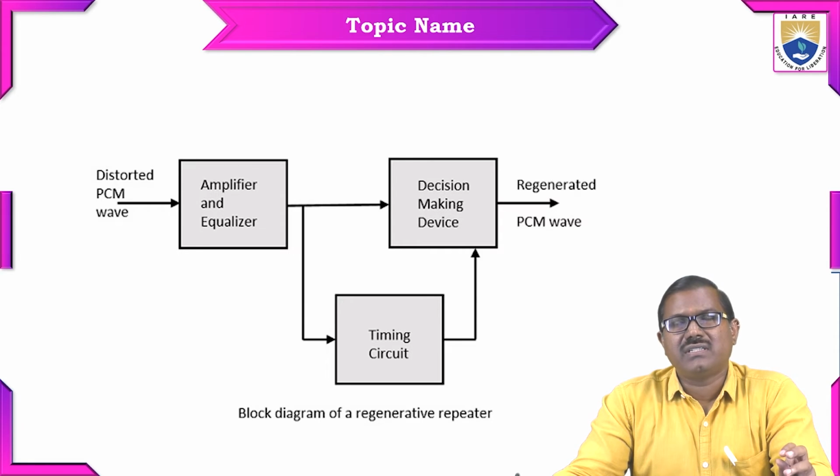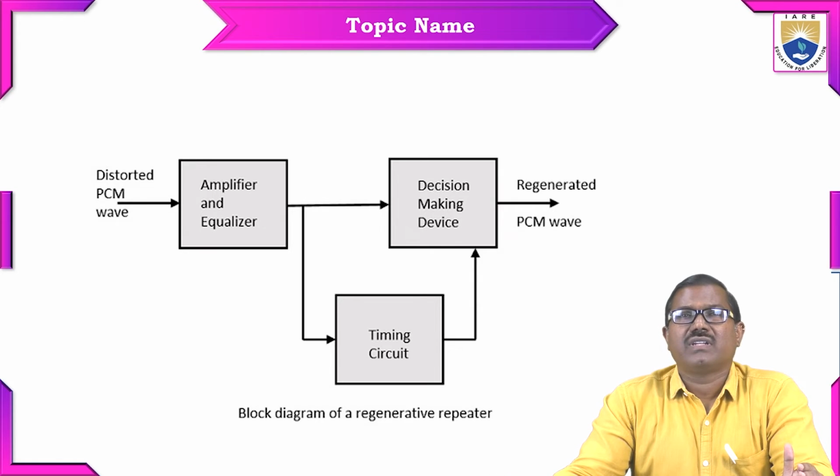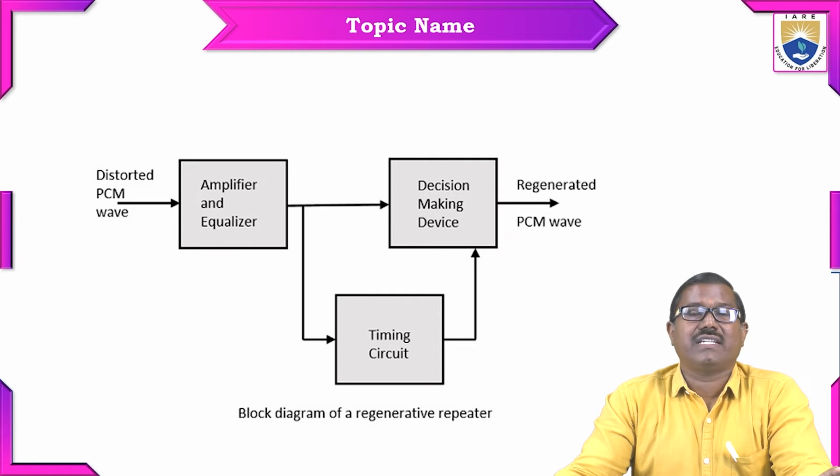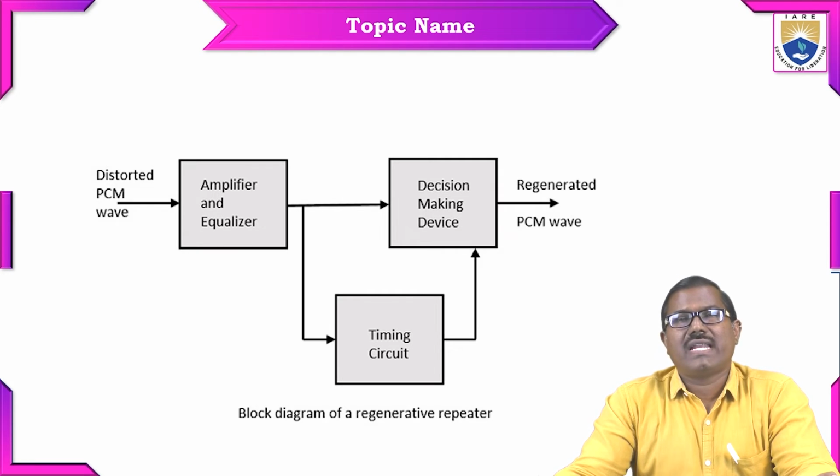Distorted means it has some variations in amplitude or in phase. These distortions we are going to compensate by using this amplifier and equalizer. The amplifier boosts the strength of the amplitude, and the equalizer shapes the pulse, and then it is applied to the decision-making device and timing circuitry.